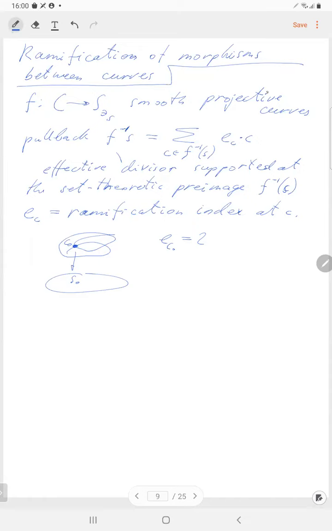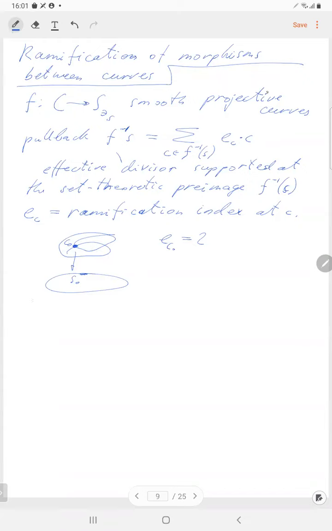Okay, so this is just terminology, and we are going to describe what happens. Topologically, it's maybe somewhat clear what happens, but we want to describe it in differential geometric terms and also in algebraic terms, so we'll study it via field extension.